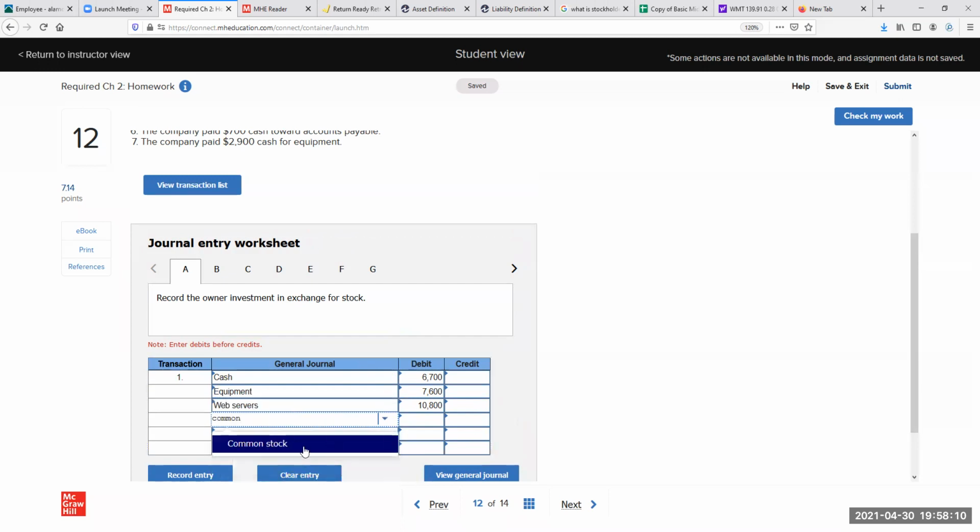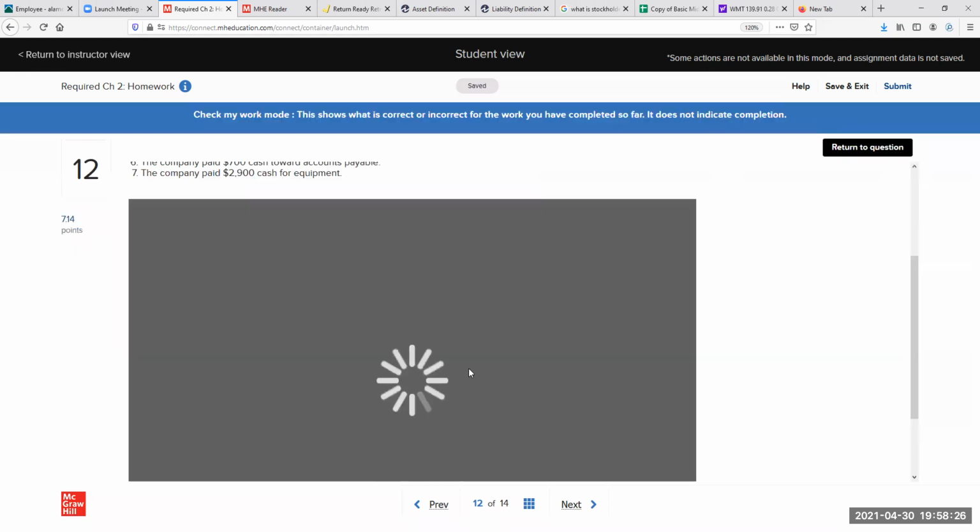So he or she doesn't own those assets anymore, but they have stock showing that they own the business. 25,1. And let's check our work.